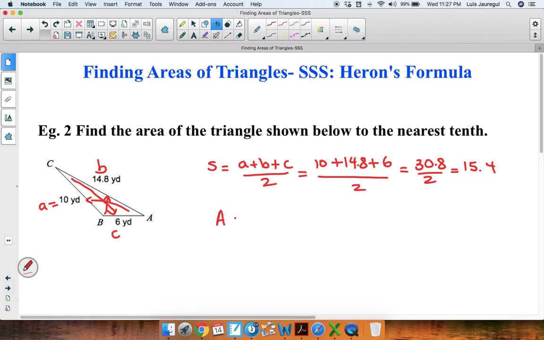Now let's find the area by using the formula: the square root of s times (s minus a) times (s minus b) times (s minus c).